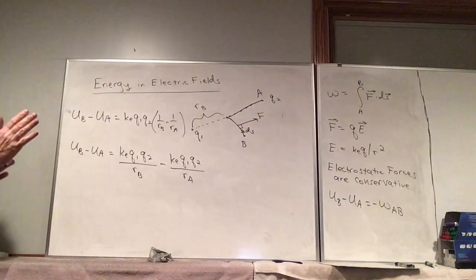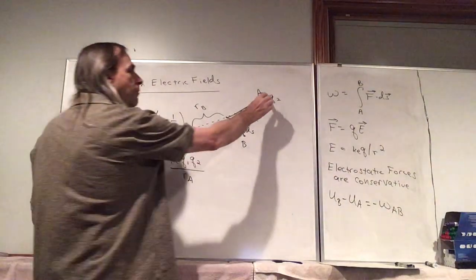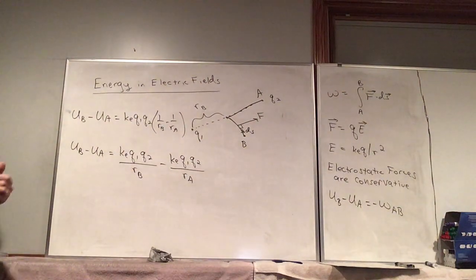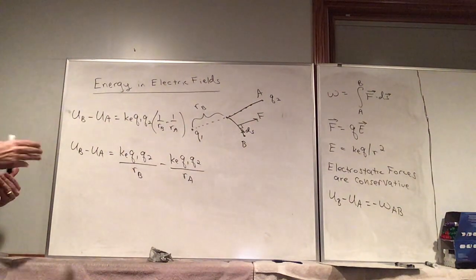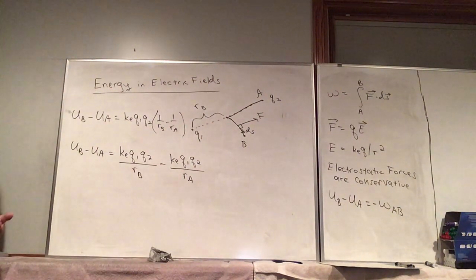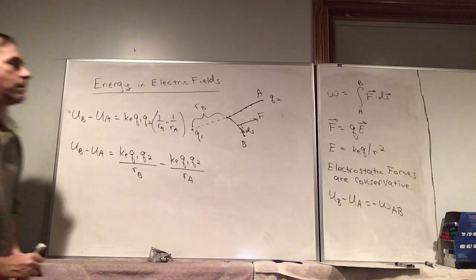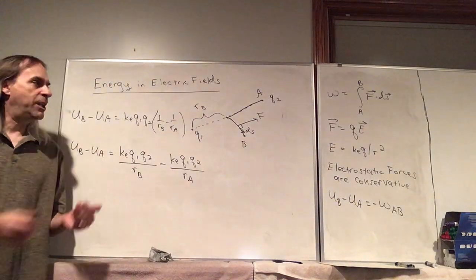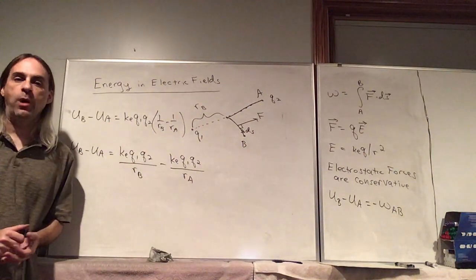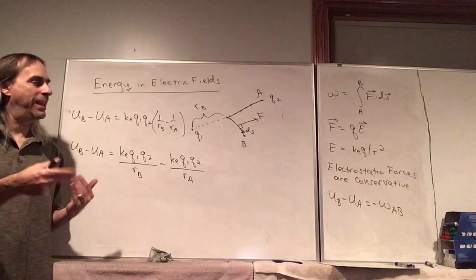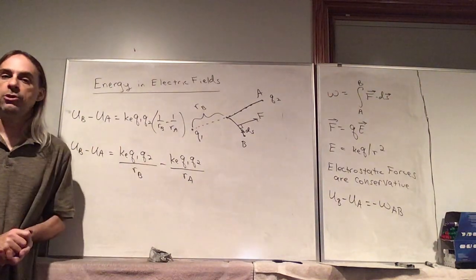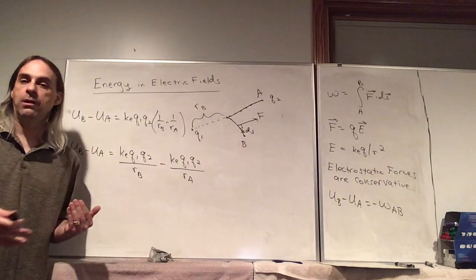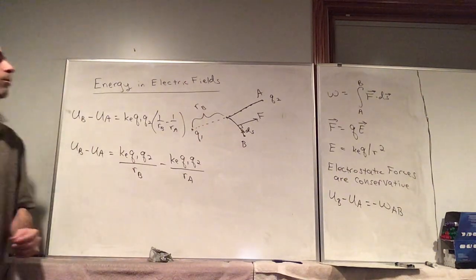So what we do is, let's say we start at A and end up at B. We can set a reference level to be, let's say, point A is infinitely far away. Now, of course, by infinite, we just mean point A is far enough away that the interaction between Q1 and Q2 is completely insignificant at that distance, or just however far we need to go.